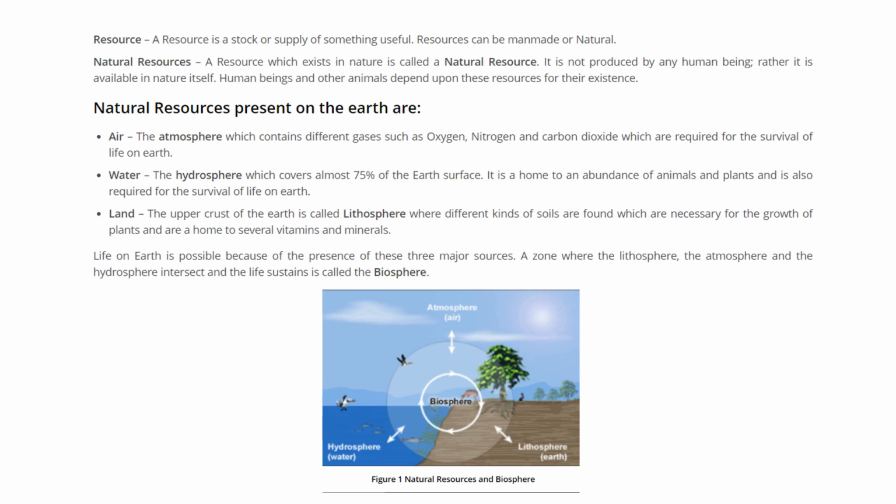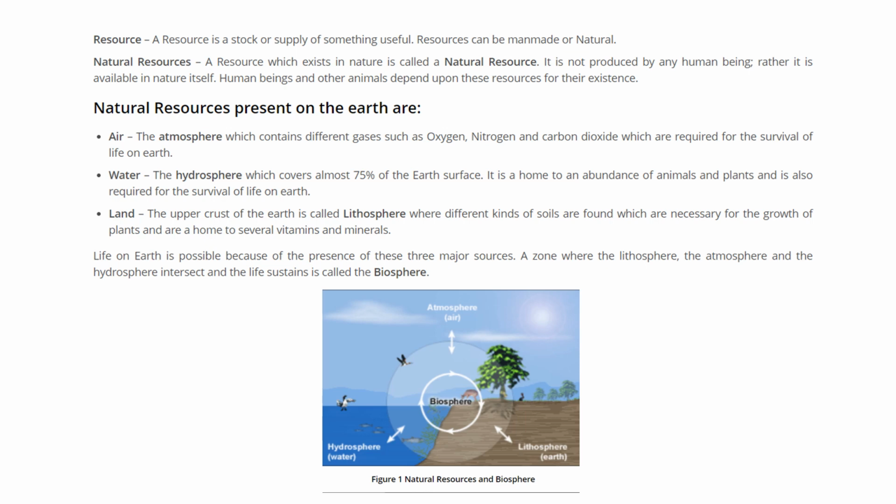It has different kinds of soil which is necessary for the growth of plants, and is also home to vitamins and minerals. Life on earth is only possible because of these three: air, water, and land, that is atmosphere, hydrosphere, and lithosphere. All these three form the biosphere.